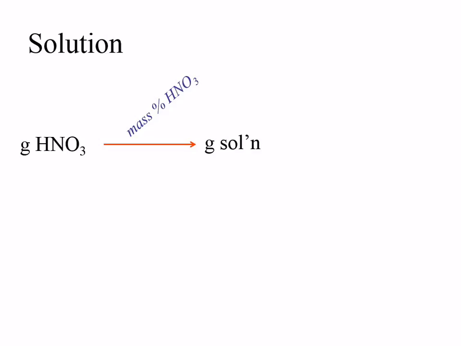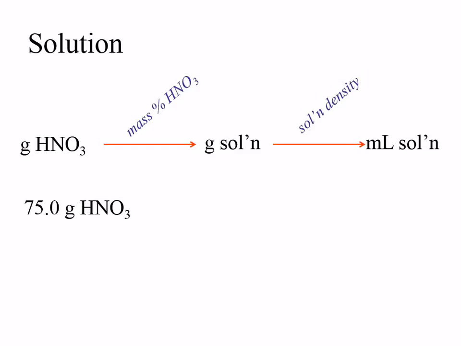Once we have grams of solution, then we can get to volume of solution using the density. Now, you don't have to show this strategy up front. In fact, if I was just rotating density and weight percent, I might not do this. But if we start with the 75.0 grams of HNO3 over 1, I usually hold back my physical properties like weight percent and density. I don't usually do that in the first term, but you could.